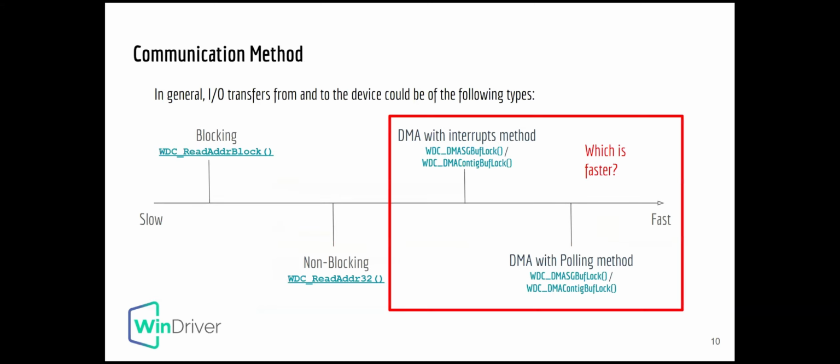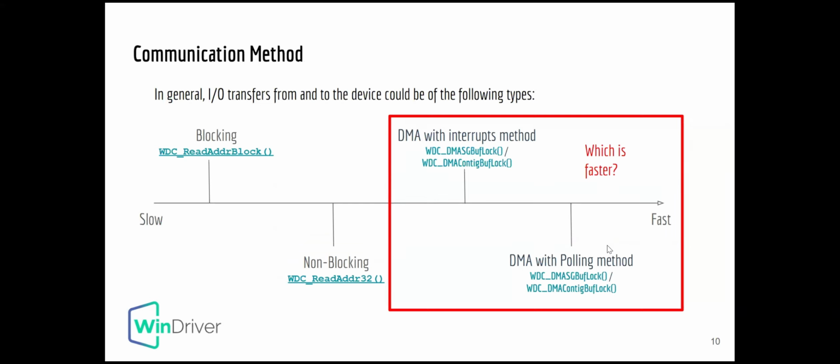And there are also different DMA types. Blocking and non-blocking are the non-DMA ways to transfer data. There are DMA with interrupt method and polling method. The question is which is faster. One may think that interrupt is usually faster.